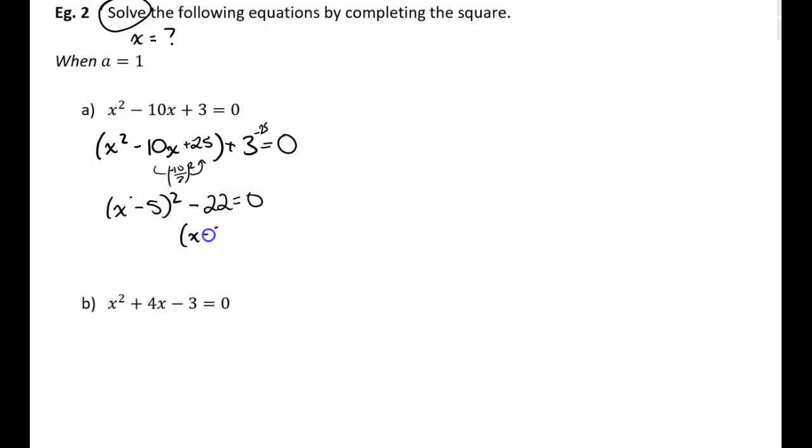So I've got x minus 5 squared equals 22. I'm then going to take the square root to get rid of my square. x minus 5 equals positive or negative root 22. So x will equal 5 plus or minus root 22.